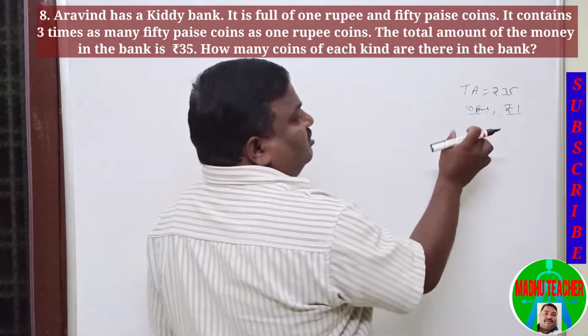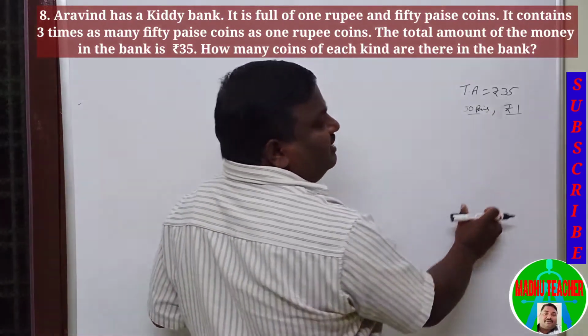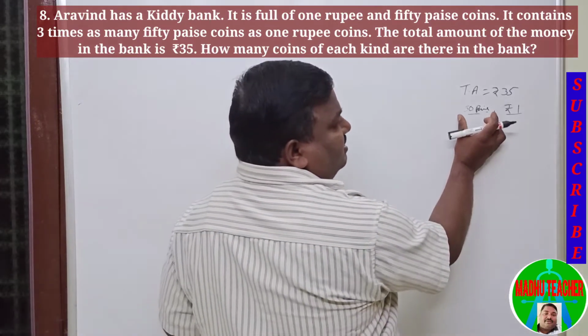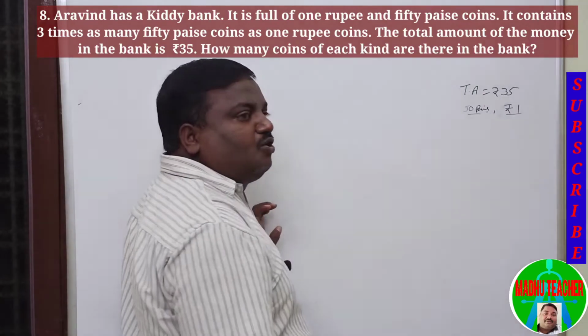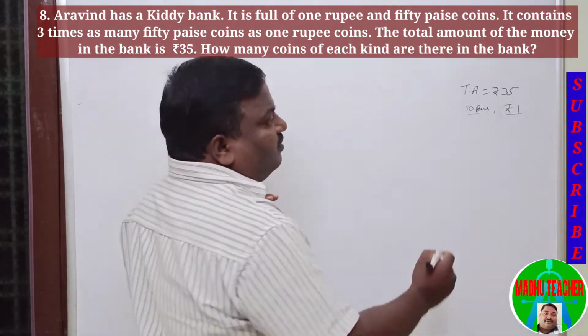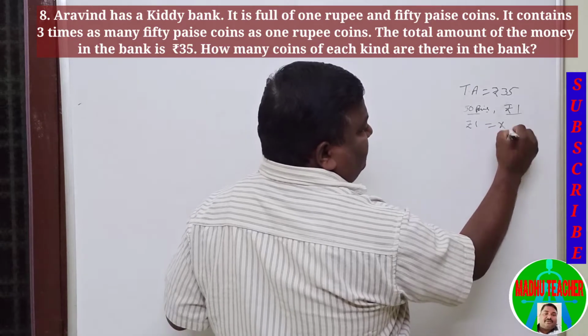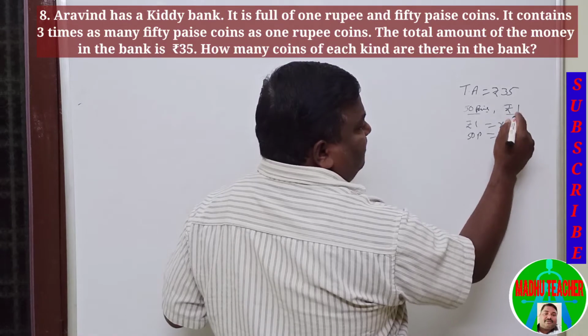That means the 50 paise coins are 3 times the number of 1 rupee coins. Therefore, let the number of 1 rupee coins be x. Therefore, the 50 paise coins are 3 times the 1 rupee coins.